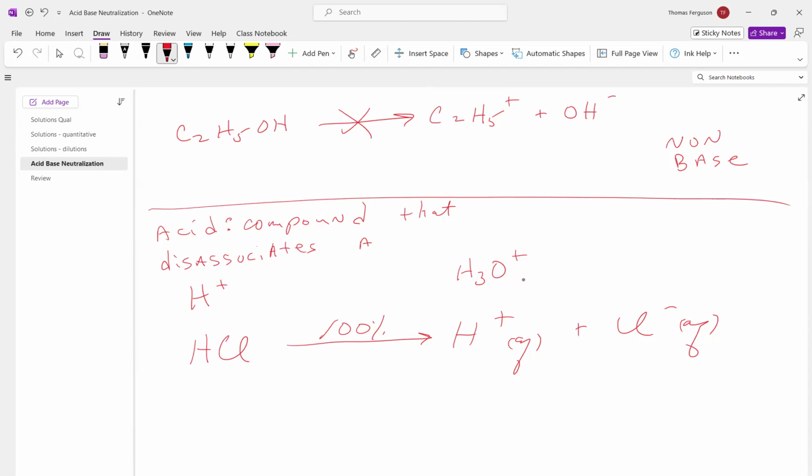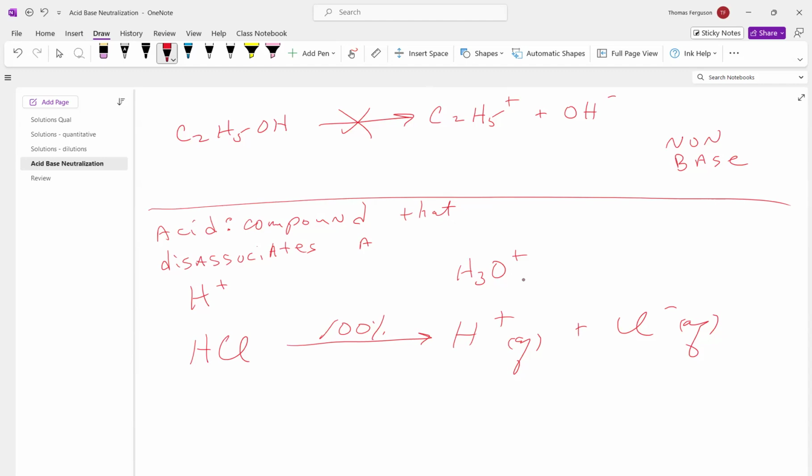Again, it depends on your professor, depends on the textbook. They go back and forth. But classically, the definition of an acid. Now, there's numerous definitions of both bases and acids, but this is the classic ones I've been giving you.